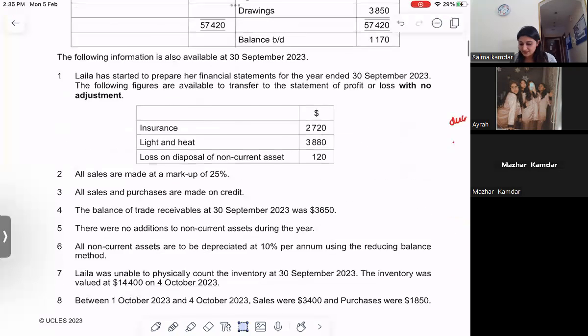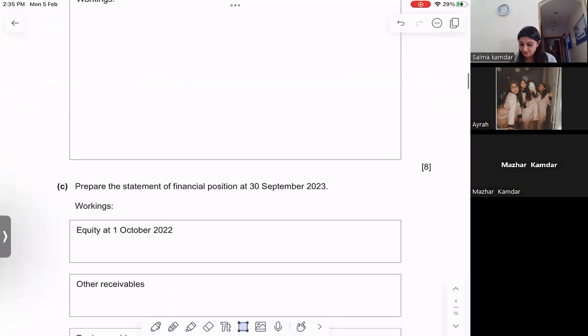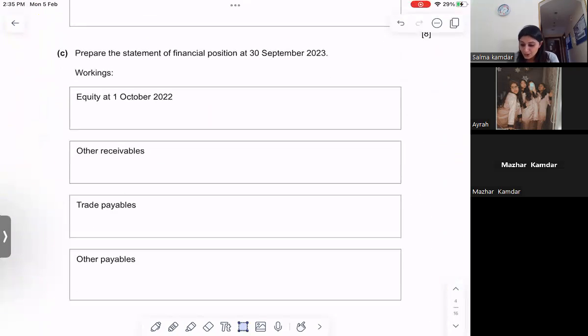We have to prepare the statement of financial position, and they have asked us to find out the equity on the 1st of October 2022. When they're saying that you have to find out equity on 1st October 2022, is this opening or closing? This is opening. So they want us to find out opening equity. And 30th September other receivables.